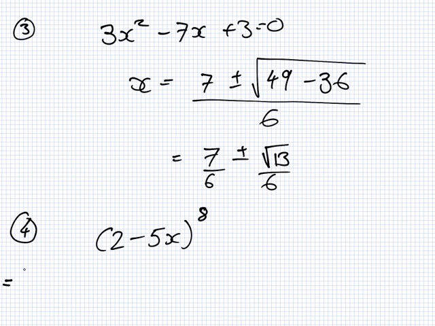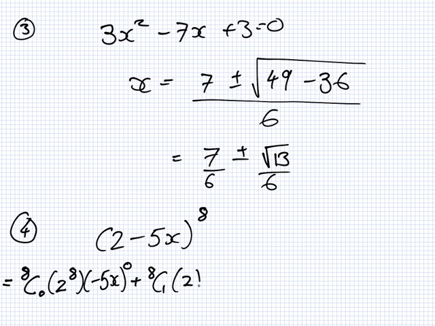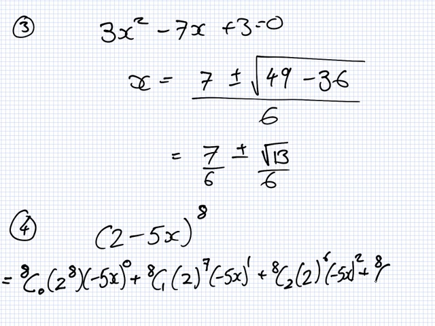Yeah. 8c0, 2 power 8, minus 5x power 0, plus 8c1, 2 power 7, minus 5x power 1, plus 8c2, 2 power 6, minus 5x squared, plus 8c3, 2 power 5, minus 5x cubed.